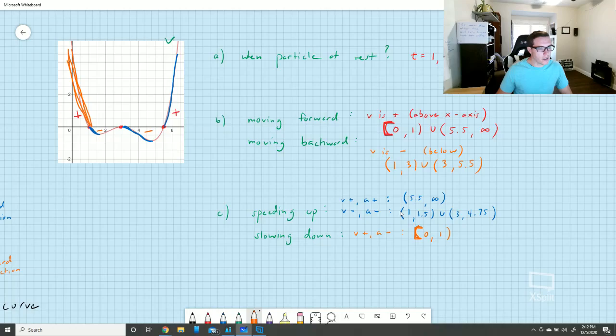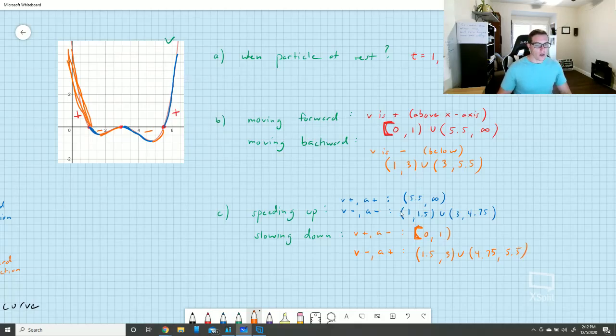Any other spots? No. How about when velocity is negative and acceleration is positive? So that would probably be this last little piece right here. So 1.5 to 3. And this little piece right here, 4.75 to 5.5.